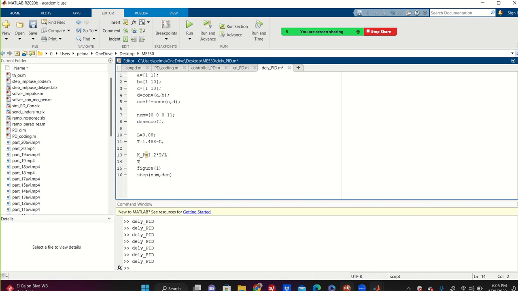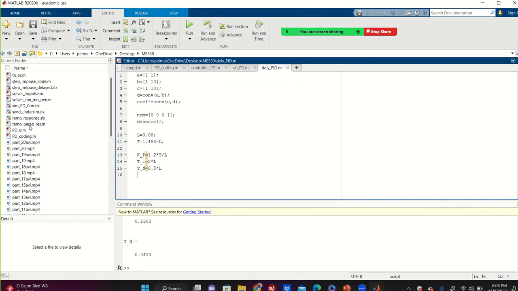Your TD is half of L. I don't want to plot it here because it's too much. I just want to calculate those. So you see that your KP is 21.12, TI is this number, and your TD is this number.